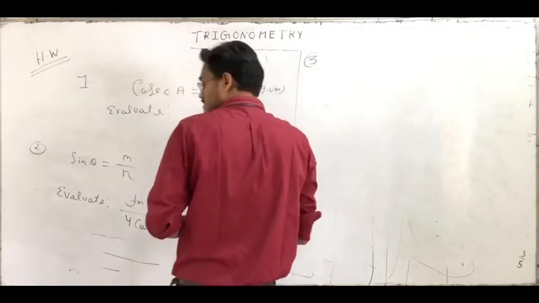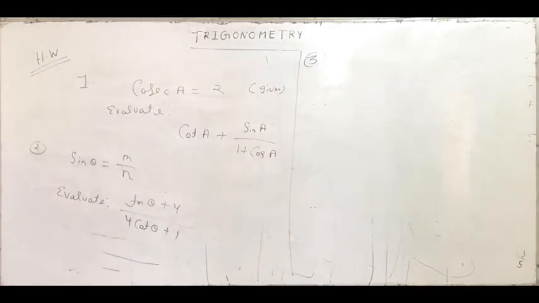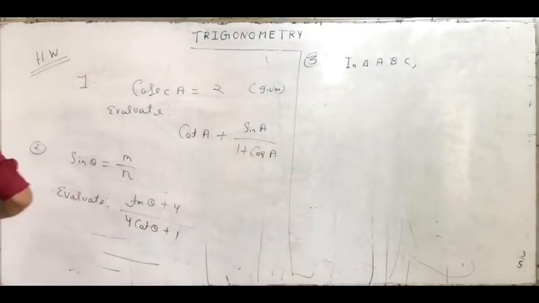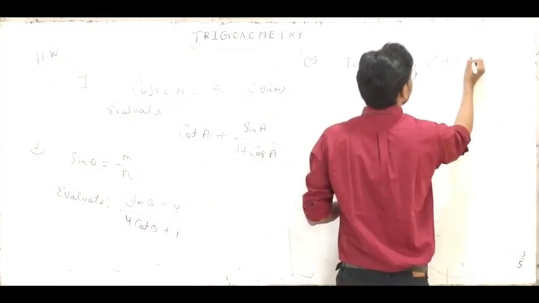The third and final one for you. In triangle ABC, angle A is 90 degree.